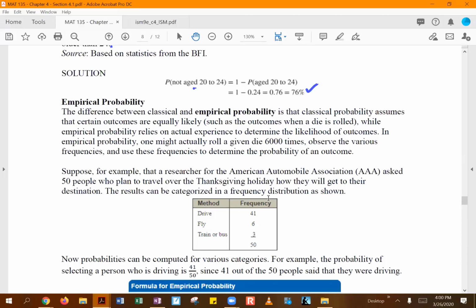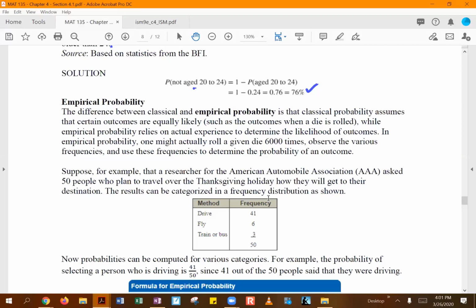So in empirical probability, let's say one might actually roll a given die 6,000 times. Based on those observations, we may see what the frequency of an outcome is. If you're rolling the die 6,000 times, and out of those 6,000 times, 500 of the times gave you the number 1, then we would say it's 500 out of 6,000 as the probability.